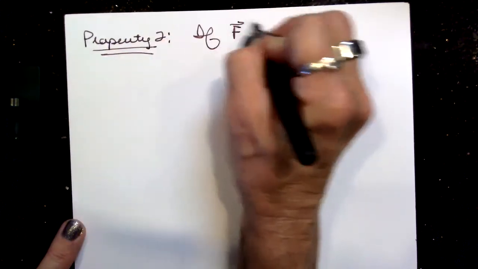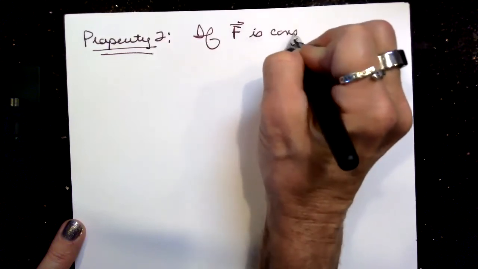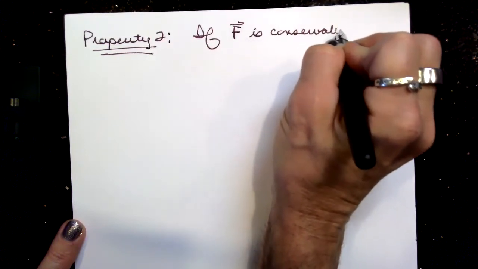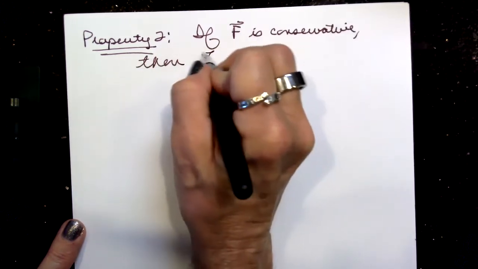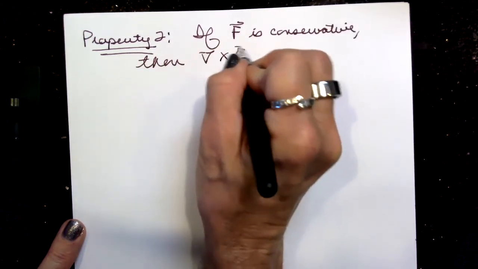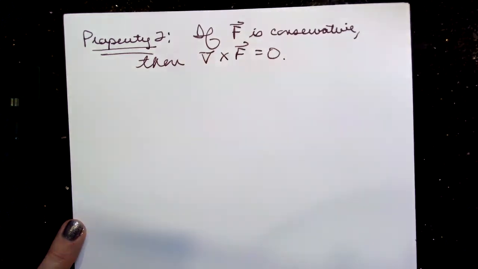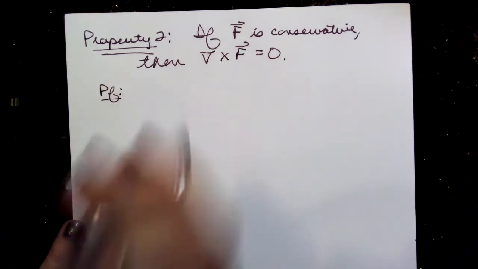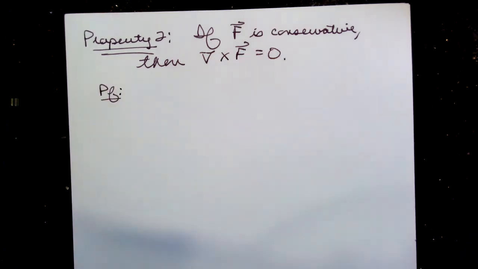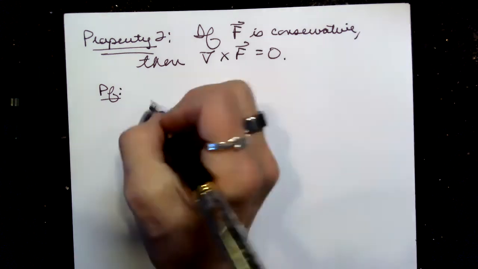If capital F is conservative, then the curl of F equals 0. Okay. Now, why is that true? Again, I'm doing the proofs because they're simple and it makes sense to you. I'm not going to ask you for the proofs, but things should make sense.